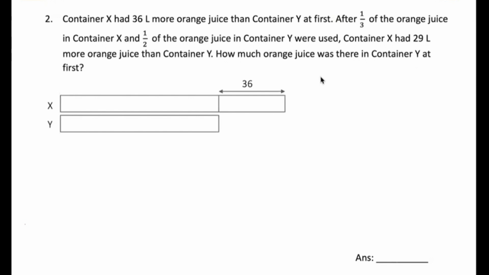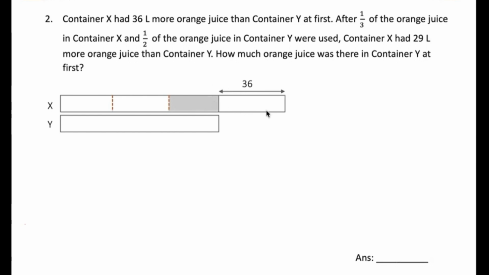Let's do X first. 1/3 of X is used. So there's two parts to X. Let's cut out the first part. 1/3, I'll break the first part into 3 equal portions. I shade out 1. This is the used, 1/3 used.